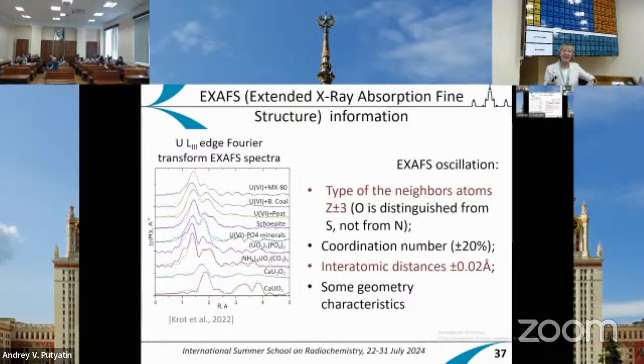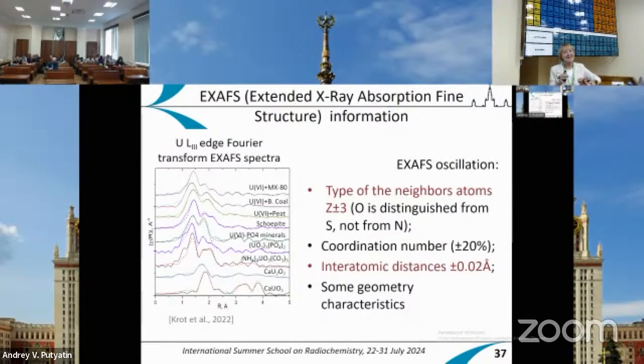And you can obtain the coordination number with a big error and interatomic distances very well, like you can see the difference of around 0.02 angstroms in interatomic distances.